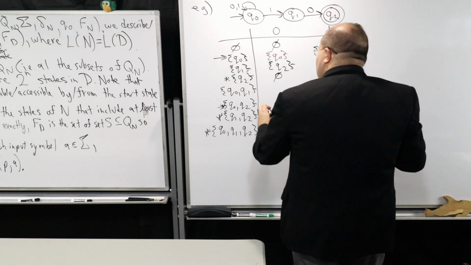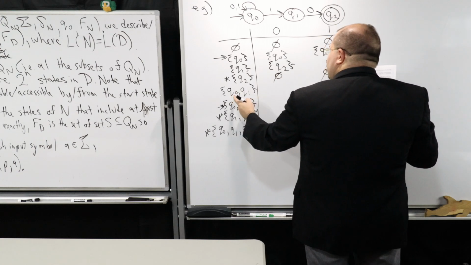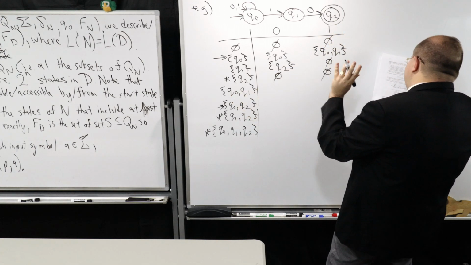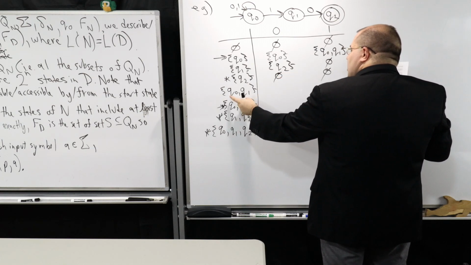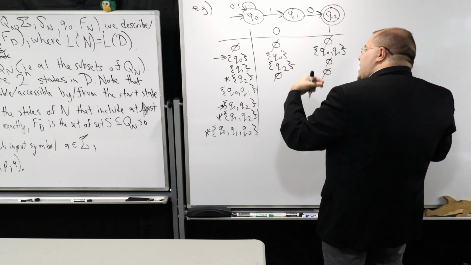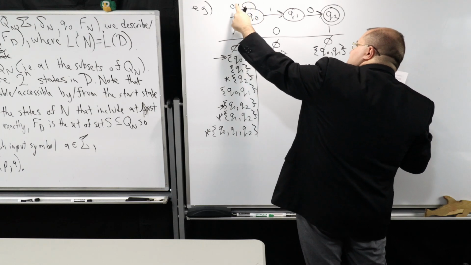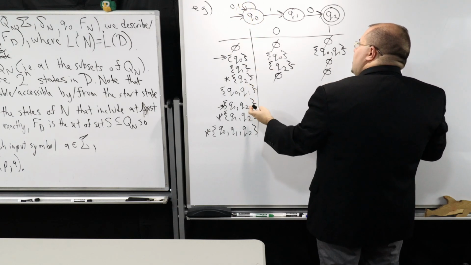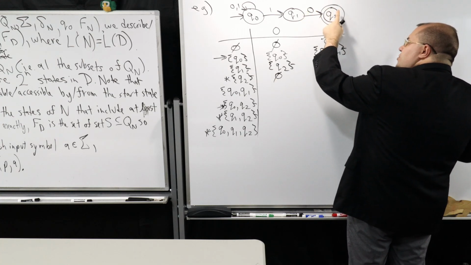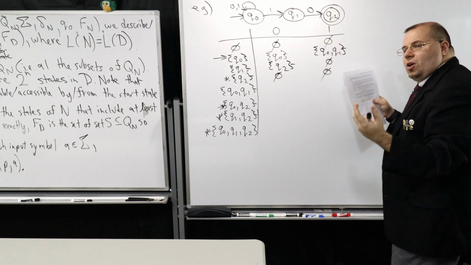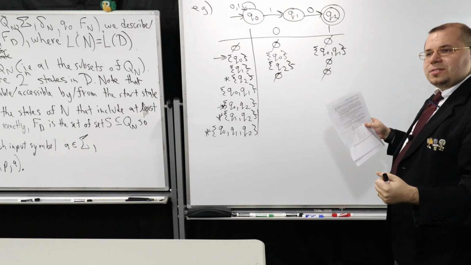Okay, Q0, Q1. When I read Q0 and Q1, what I do is look at what happens when I have symbol 0. On Q0, I would transition with the NFA to Q0, right? If I'm in Q1, where do I transition? I transition to Q2. Those should be all the states.